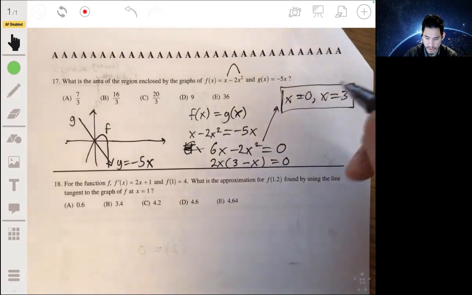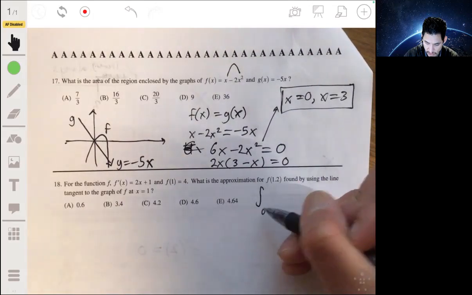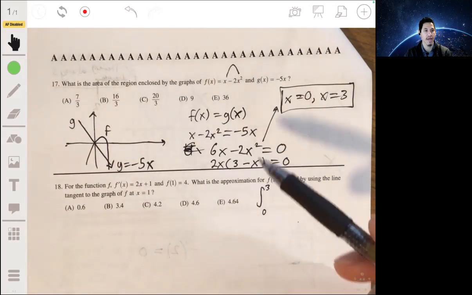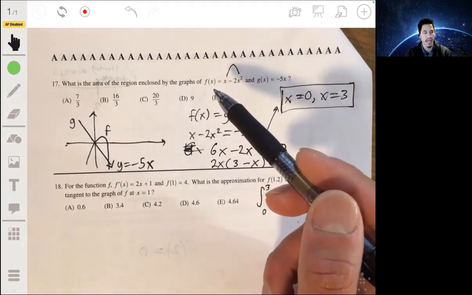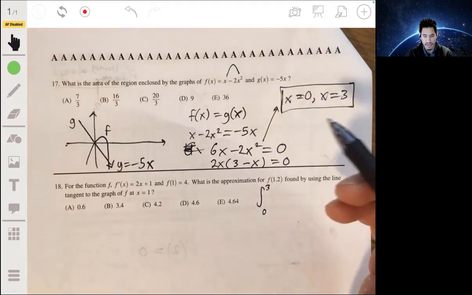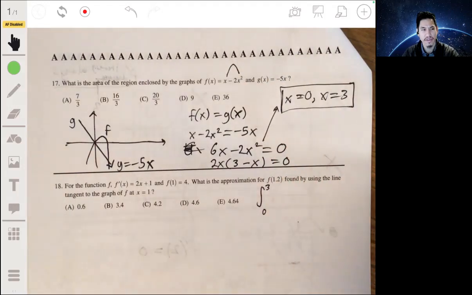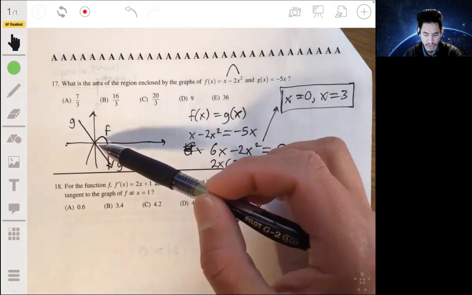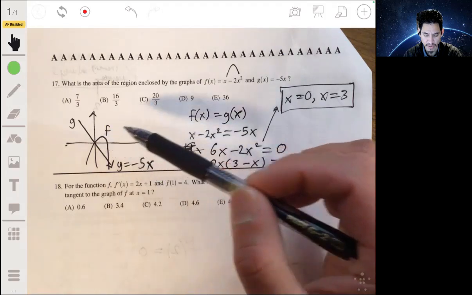So we know we're going to set up our integral. Let me write it down here. We're going to integrate from 0 to 3. Now, we want to do top function minus bottom function. The function on top is going to be f of x. The function on the bottom will be g of x. And you can solve for it algebraically, or you can graph it, find the vertex, and calculate what the y values are.